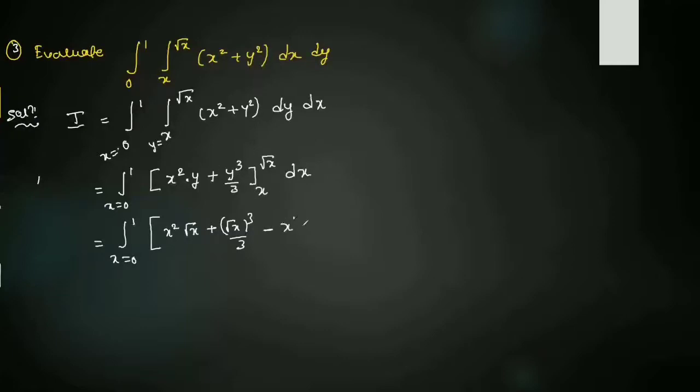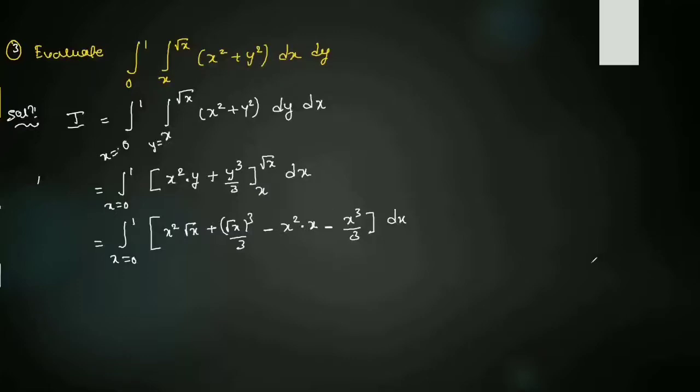So x square into x plus x cube by 3. Try to understand. So this will be minus, because minus plus minus. This will be minus x in terms of y, so it is x square into x, x in terms of y, it is x cubed by 3.